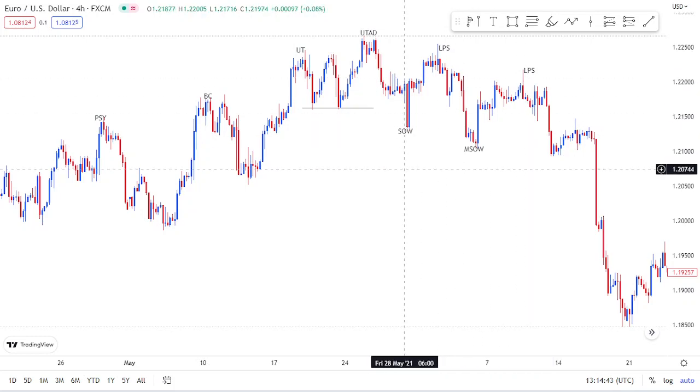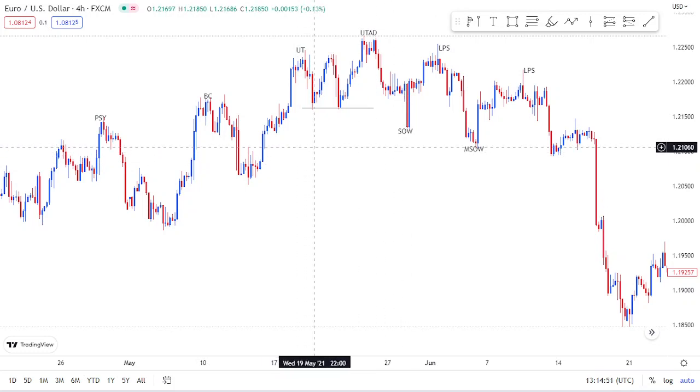Before we look at this, I'm pretty sure that distribution always happens after price takes out a major liquidity point in the market, or a major psychological level, the prices where price usually reacts.